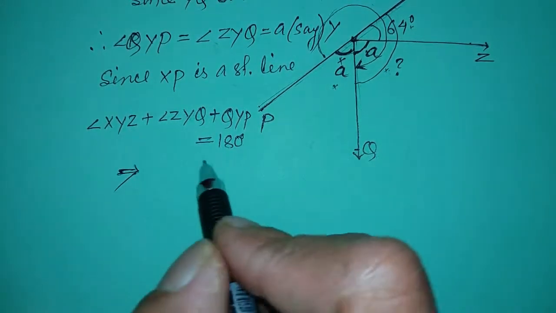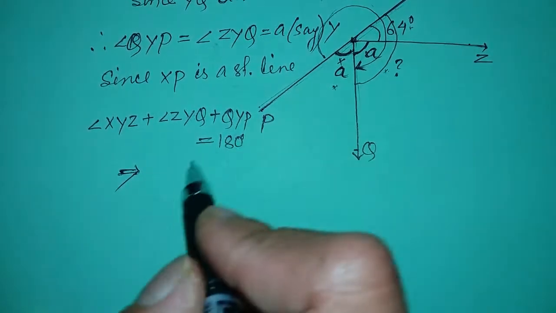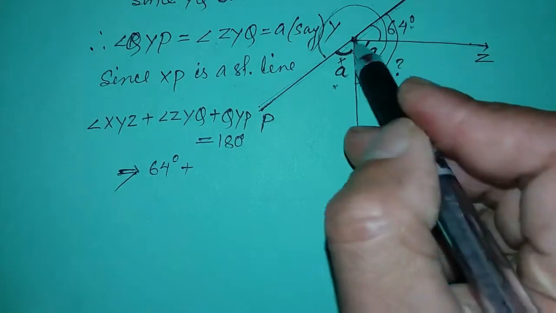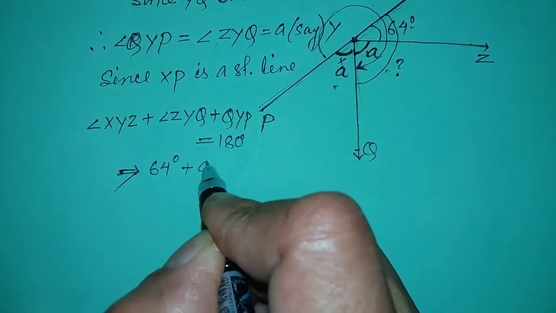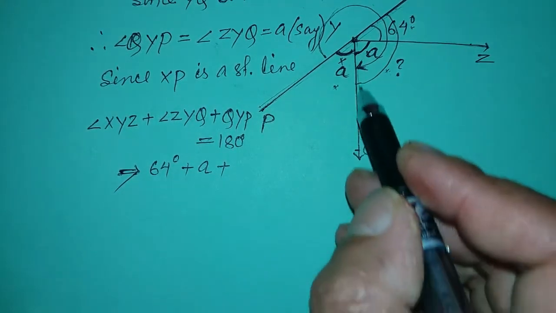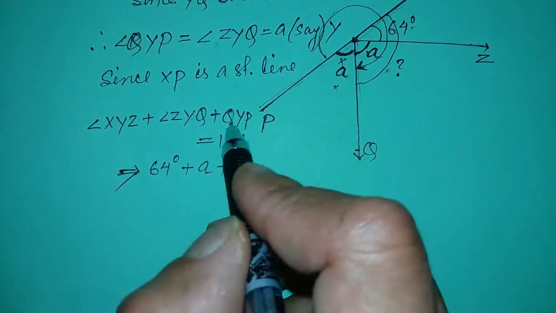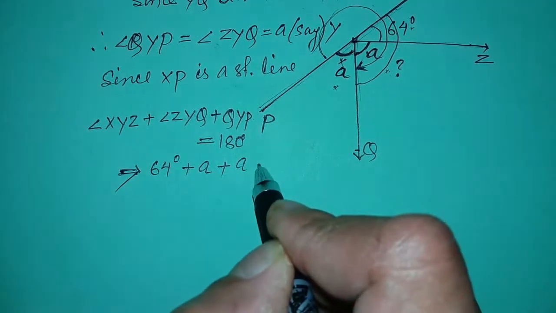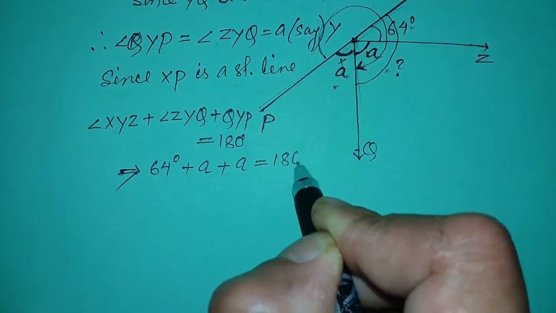This XYZ is 64 degree plus ZYQ, we're taking it as A, QYP is again taken as A. Now this is equal to 180 degree.